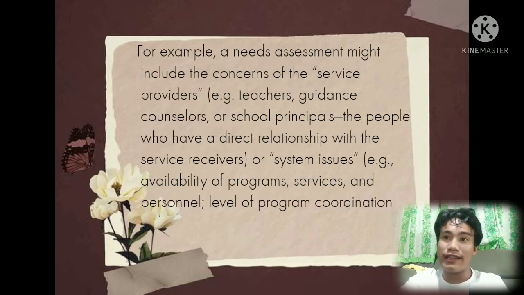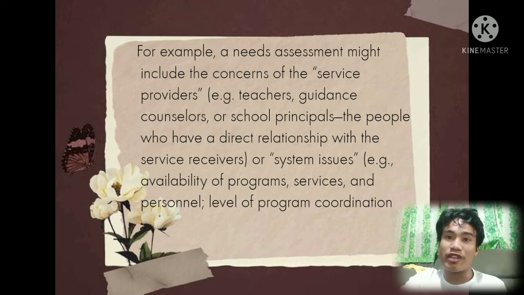For example, a needs assessment might include concerns of the service providers, like teachers, guidance counselors, or school principals, the people who have direct relationships with the service receivers, or system issues like availability of programs, services, and personnel.